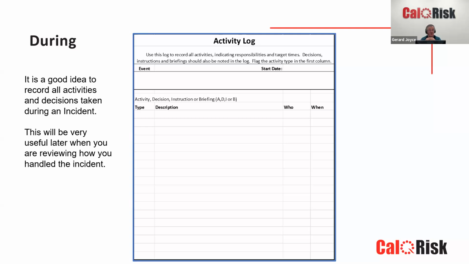Later that will be useful when talking to the insurance company, to say we did everything possible at the time. It'll also be gold dust for you when you're reviewing the incident and how you handled it, maybe in the cold light of day. Well, if we did that half an hour earlier or before that, it would have been better.